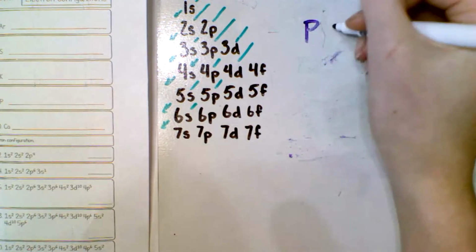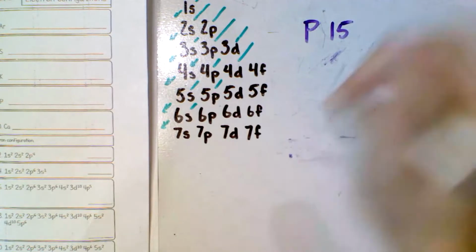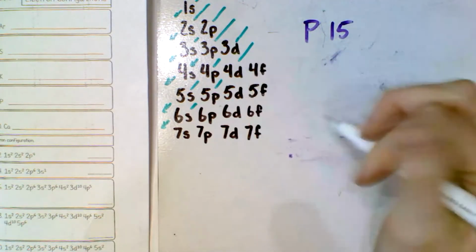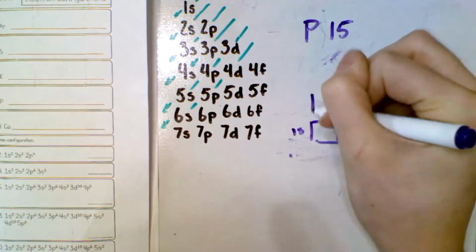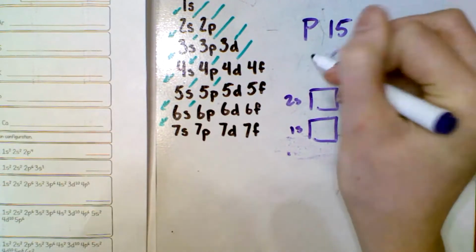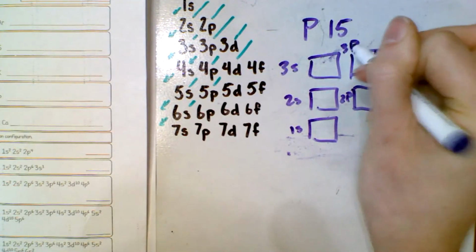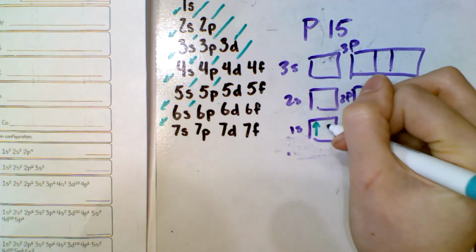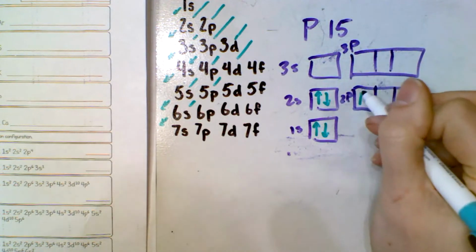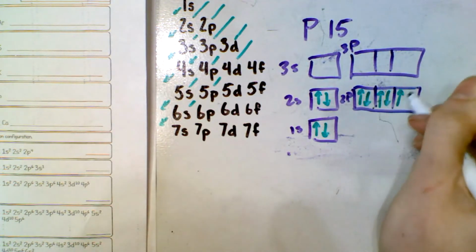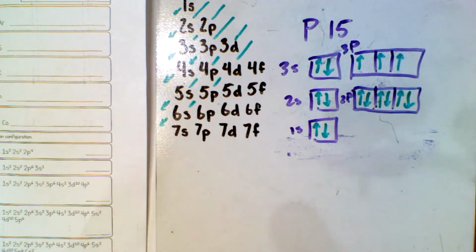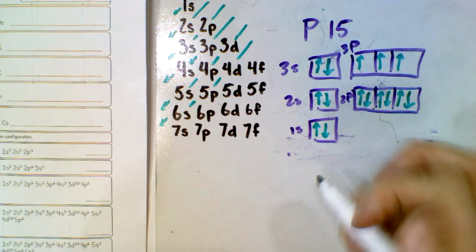Phosphorus has 15 protons. Its atomic number is 15, so we're also going to have 15 electrons. I'm going to go in the same order. I'm going to fill in that same format. And there is our arrow diagram for phosphorus.